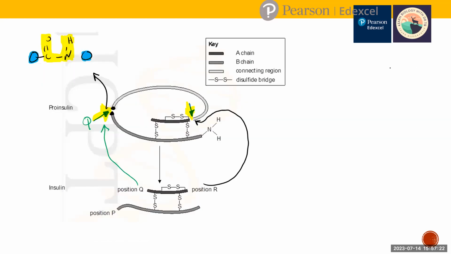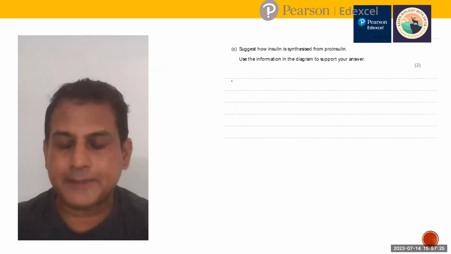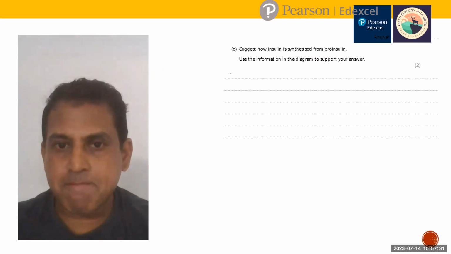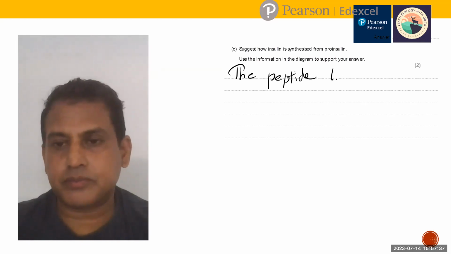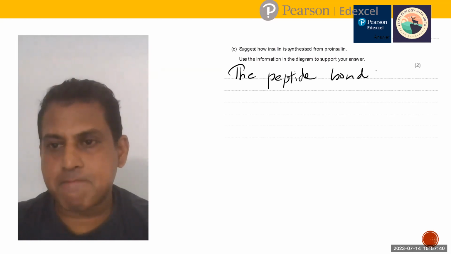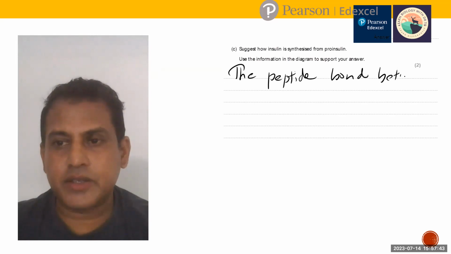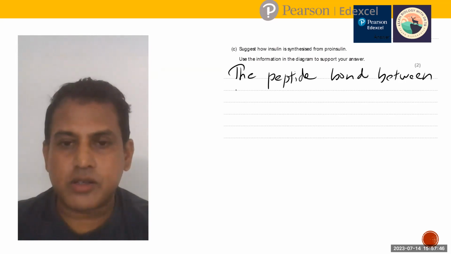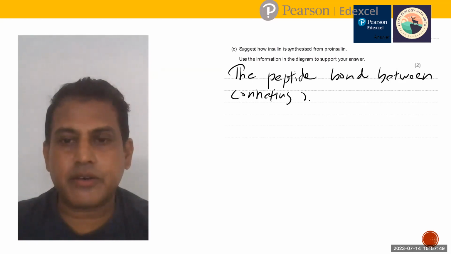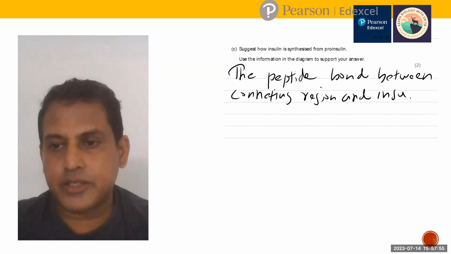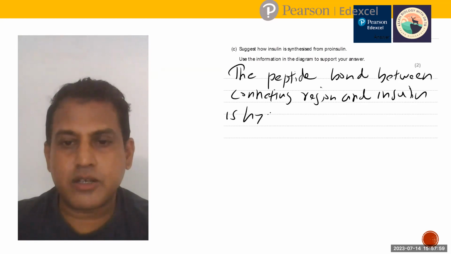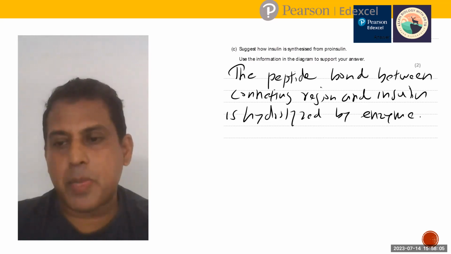Then you can write the peptide bond between connecting region and insulin is hydrolyzed by enzyme.